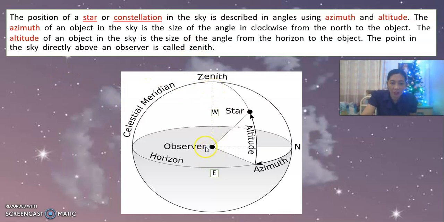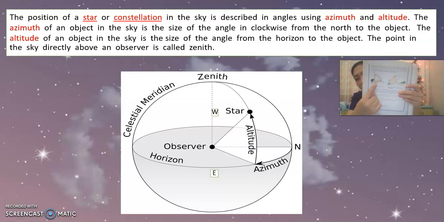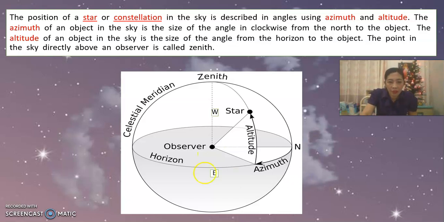For example, this is me, the observer. When I straighten my arms, I count from my eyes like this. From here to the zenith, each fist is 10 degrees. So 10, 20. Always remember, find the north first.